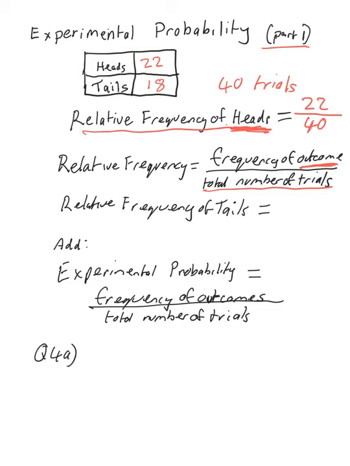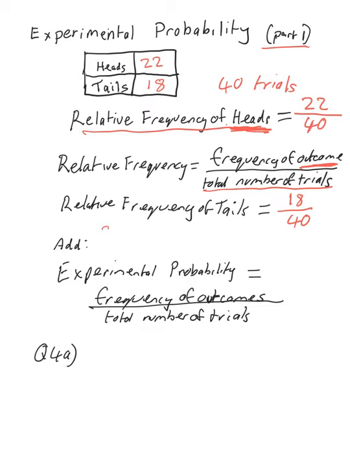Okay, so for the relative frequency of tails, there were 18 tails, again, out of a total of 40 trials. Okay, a question you'll get asked a bit is adding those two relative frequencies together.